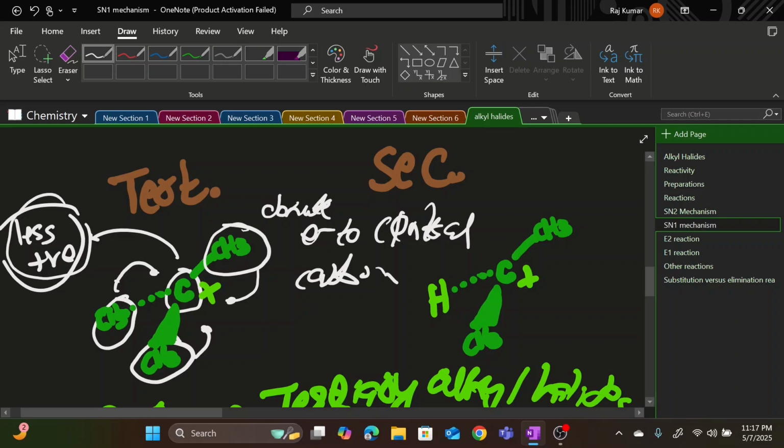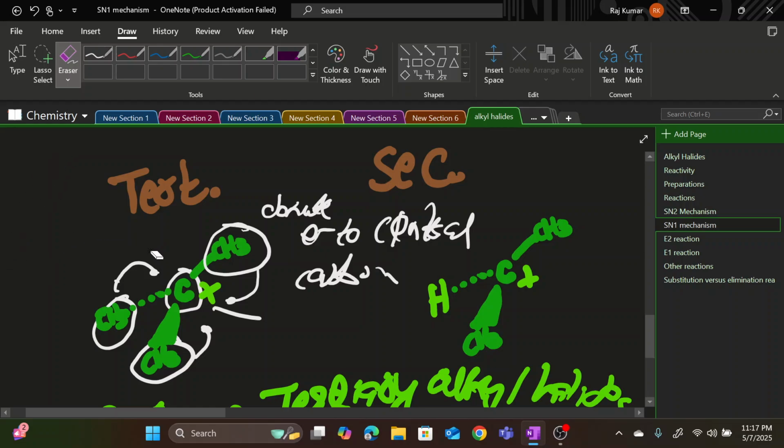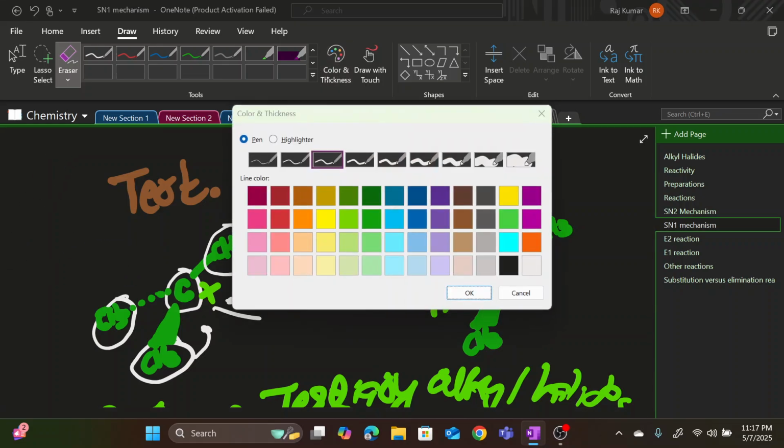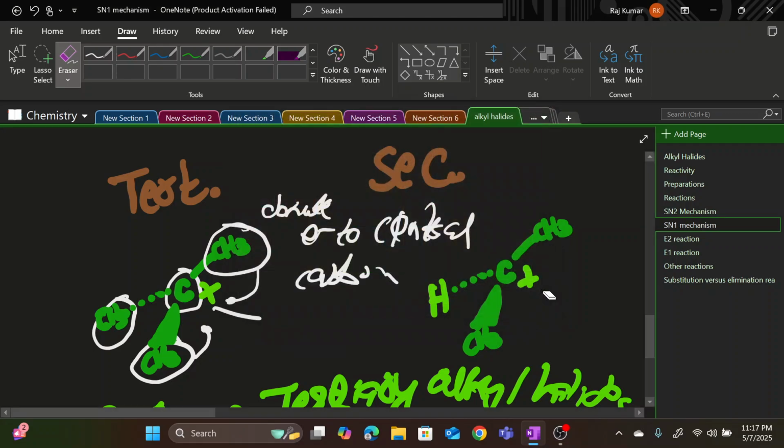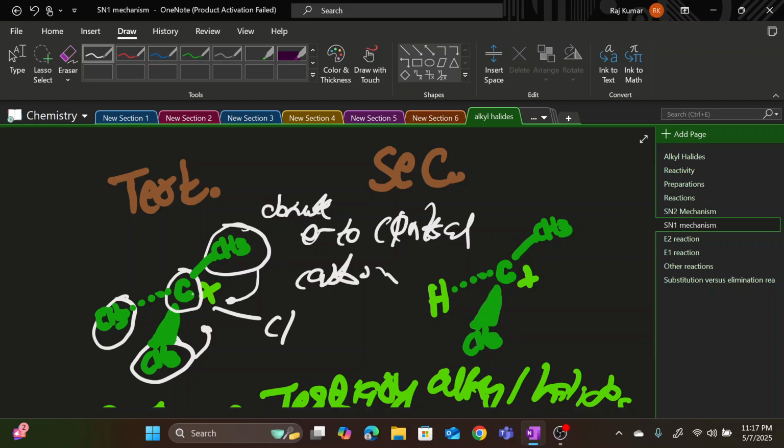And because of this less positivity, the nucleophile attached to it, for example, let's say fluorine attached over here, would not make a really strong bond with a carbon which has less positivity. It needs a carbon which has more positivity to make a stronger chemical bond.